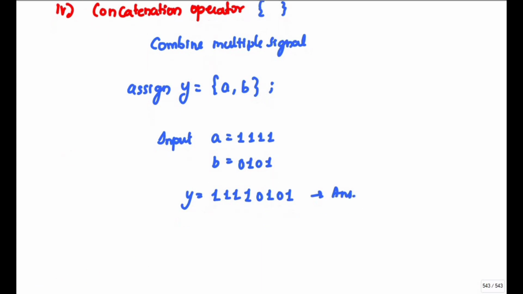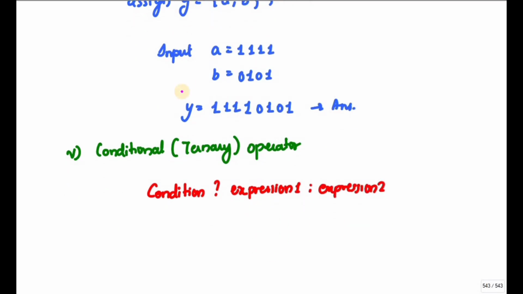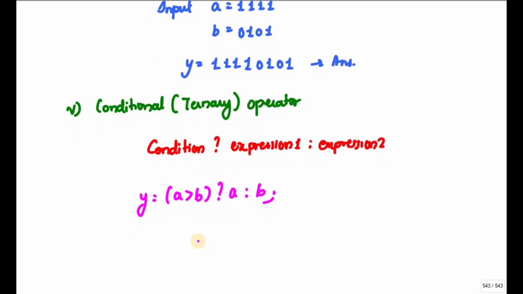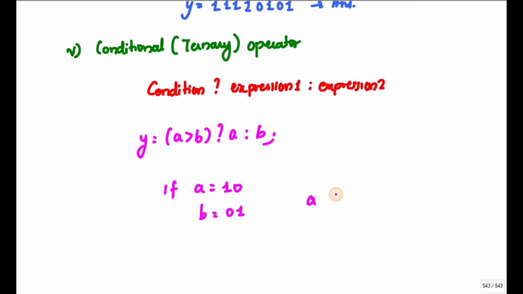The fifth operator is the conditional operator, or ternary operator. The syntax is: if the condition is true, expression 1 is executed, then a colon, and expression 2. If it is false, expression 2 is executed. The example is y = a > b ? a : b; Suppose a is 10 and b is 01.